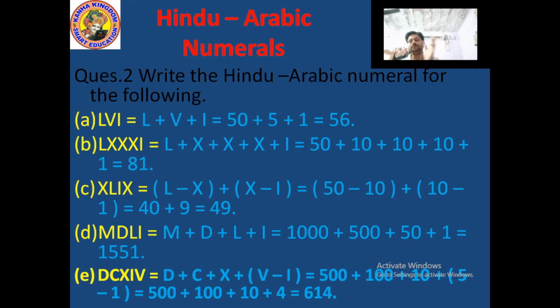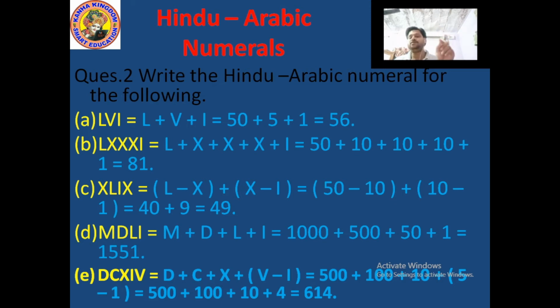D is greater than C, C is greater than X, X is greater than I, I is greater than V? No. So what do you have to do? Very easy. First D plus C plus X plus, make a bracket, V minus I.